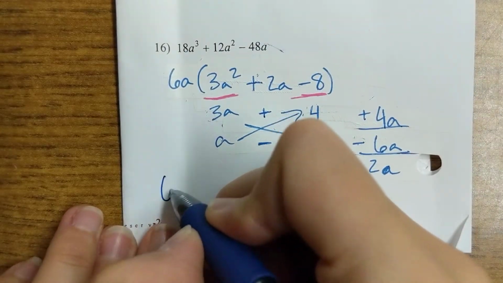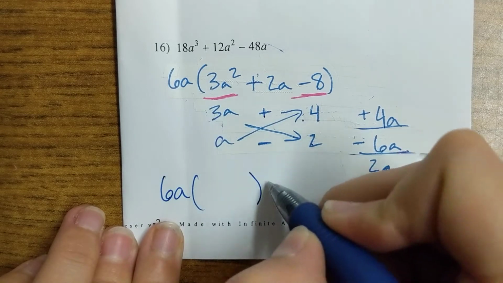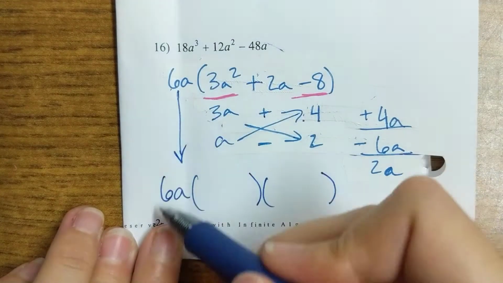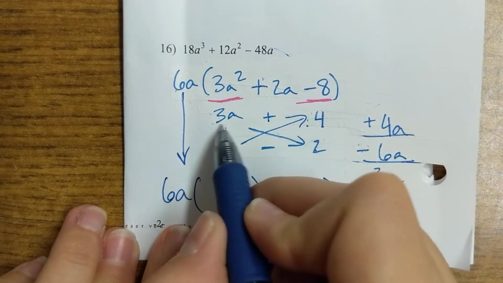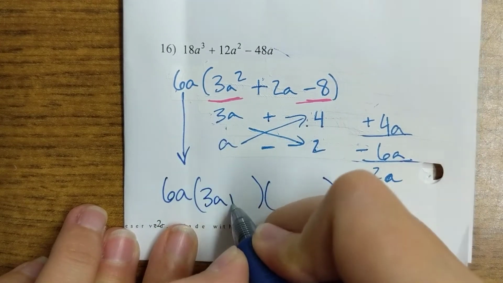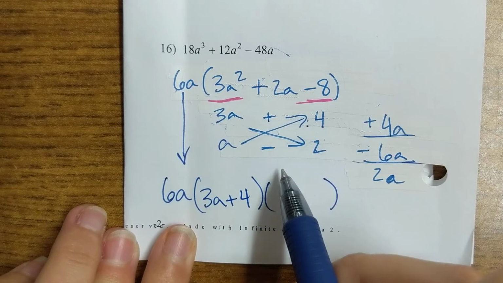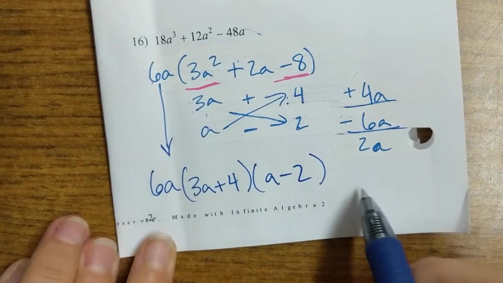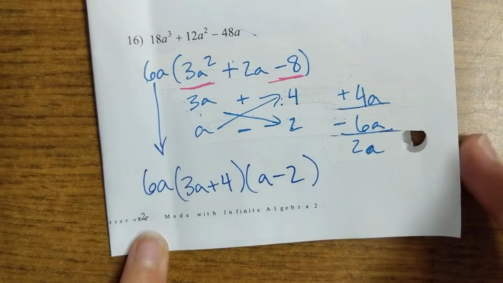And as we write our final complete factorization, of course, drop the 6a, and then you have top row, 3a plus 4, and then times bottom row, a minus 2. Check just to make sure there's no cubes or squares or anything, and then you're done.